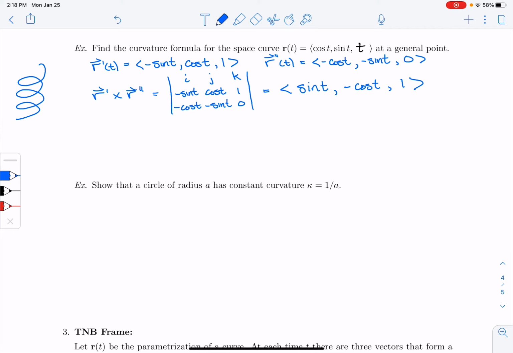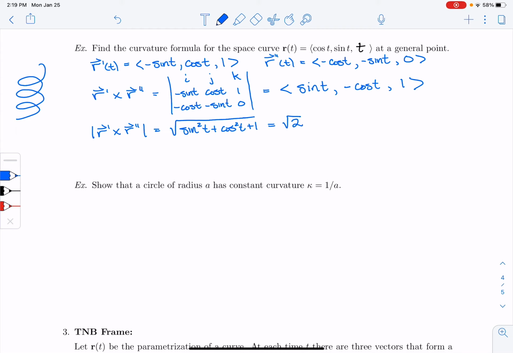So the length of r prime cross r double prime is going to equal the square root of sine squared t plus cosine squared t plus 1. So sine squared plus cosine squared is 1, so that gives us the square root of 2.